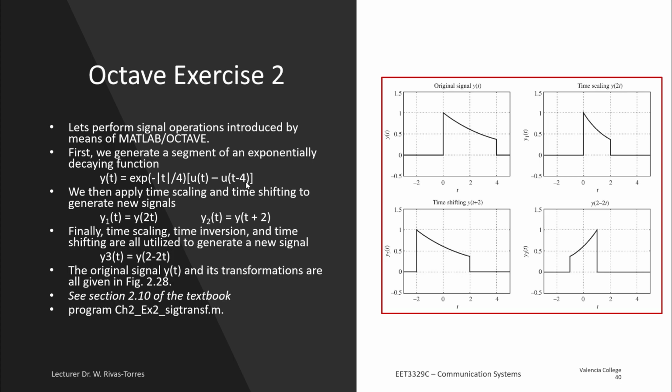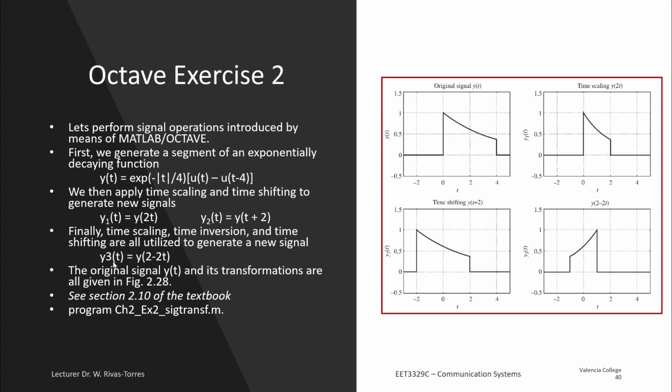We're also going to be doing some expansion by doing y of 2t, and then y of t plus 2, which is an advance, not a delay. You can see those graphs here on this slide.